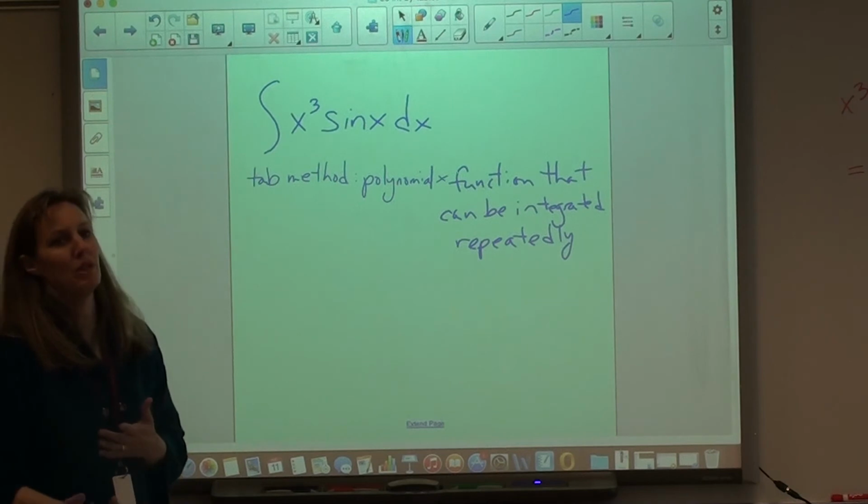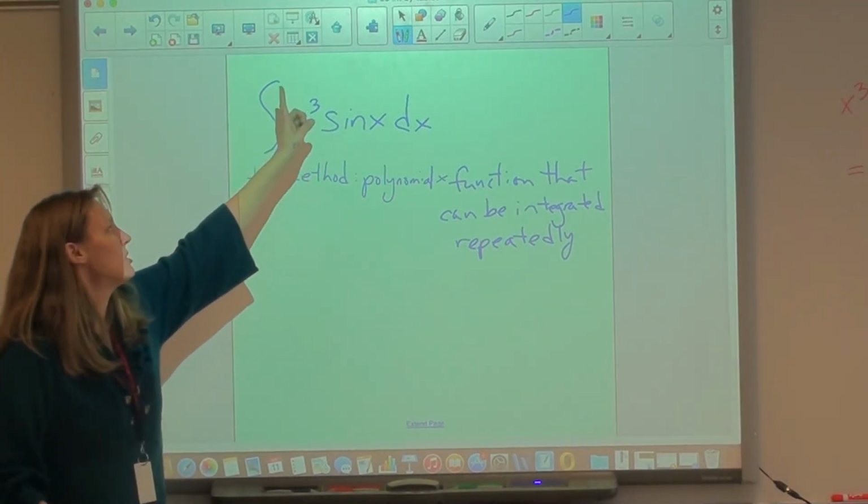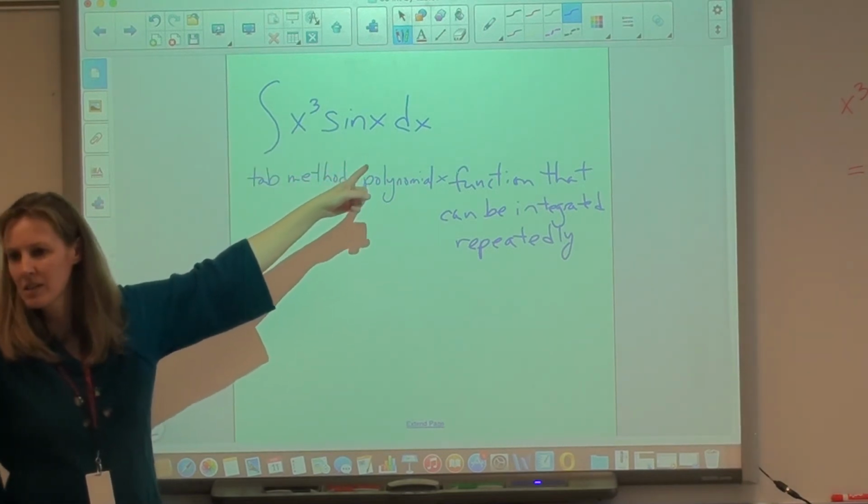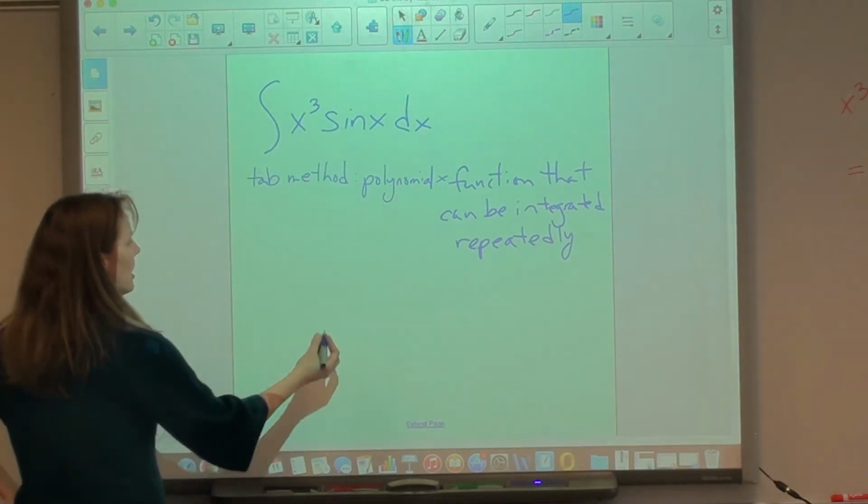So the most common ones you'll see are a polynomial times a sine or cosine, or a polynomial times e to the x. Those are the ones you see most often. So here's how you do the tab method.